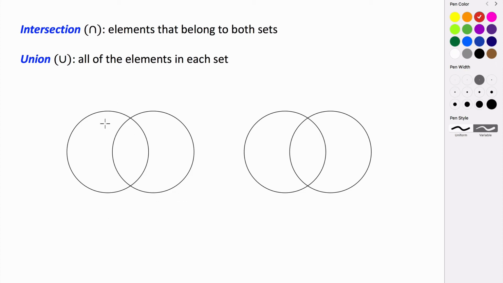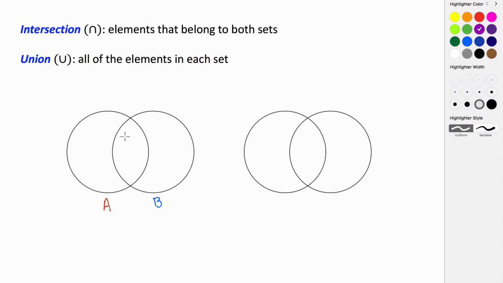So let's see how that looks visually. If we have a Venn diagram here, let's say this circle here represents set A, and this circle here represents our set B. The intersection is going to be the part of our graph where A and B intersect.